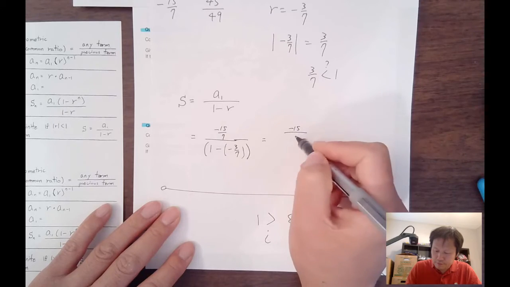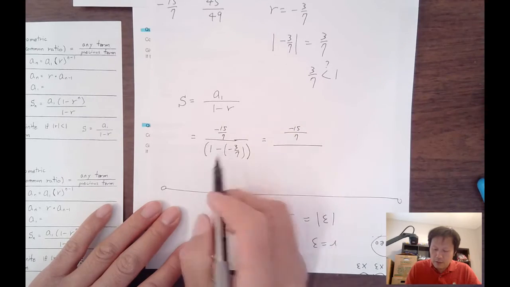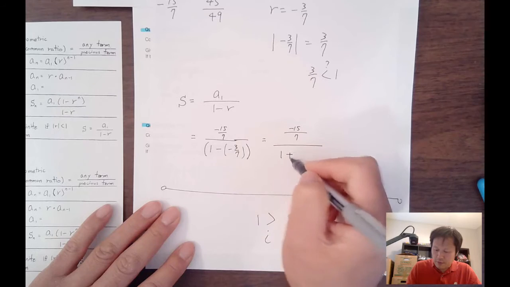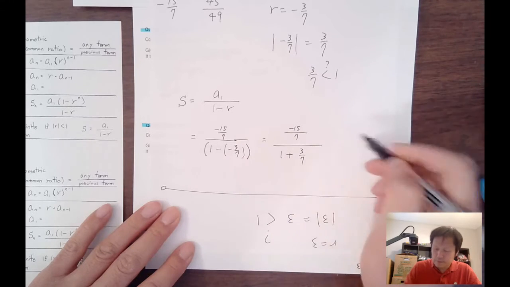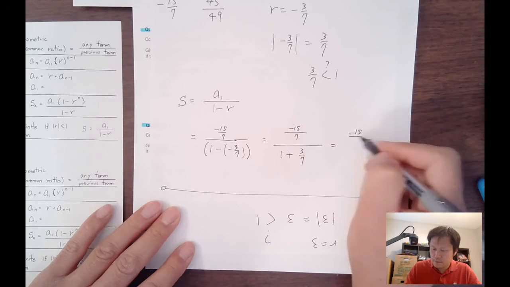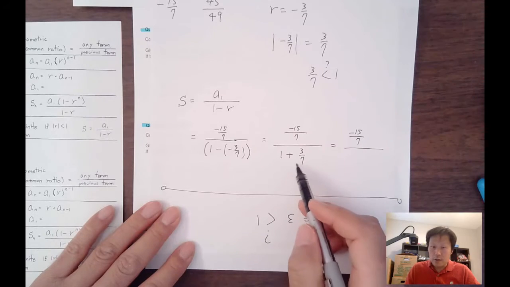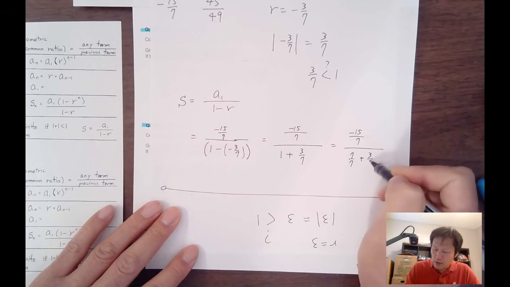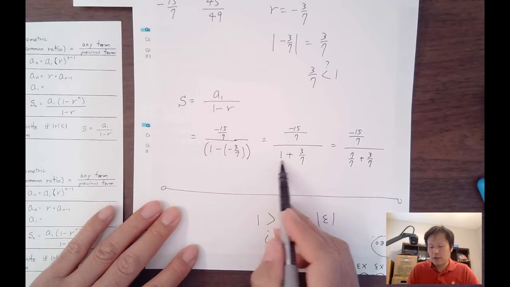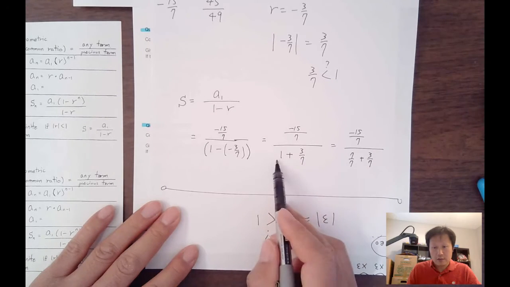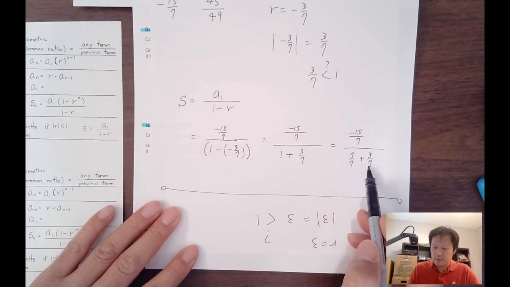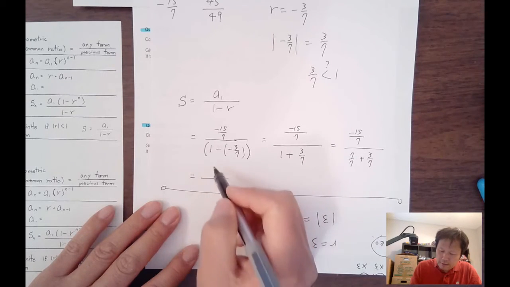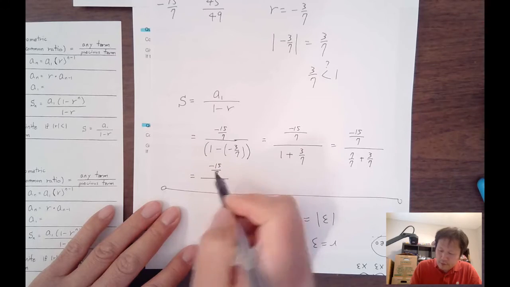Minus minus, double minus becomes a positive. 1 is exactly the same as 7 over 7, because you want them to have a fraction with the same denominator. So 1 is the same as 7 over 7. Then you get to add them. Minus 15 over 7. 7 plus 3 is what? 10/7.